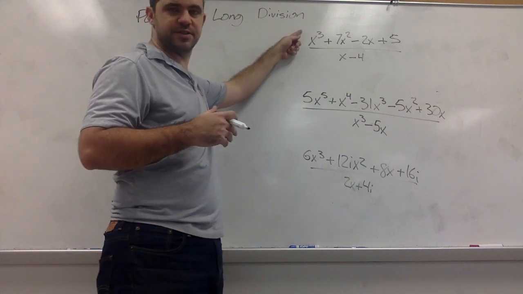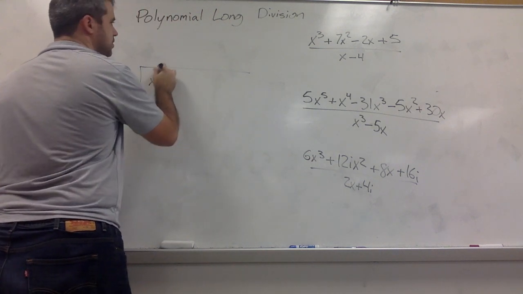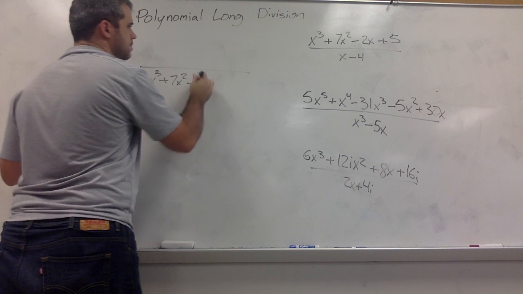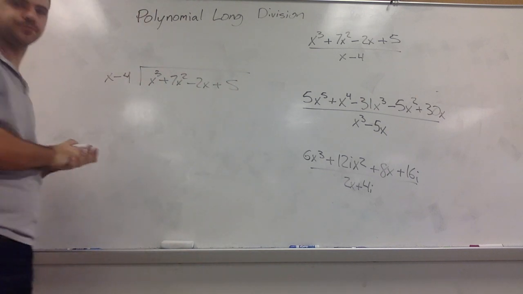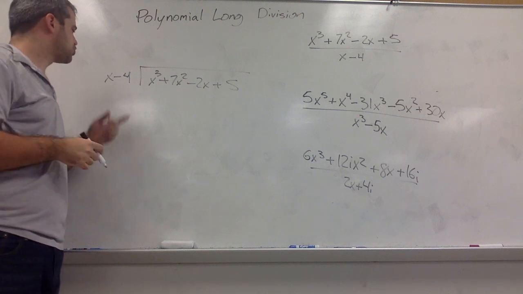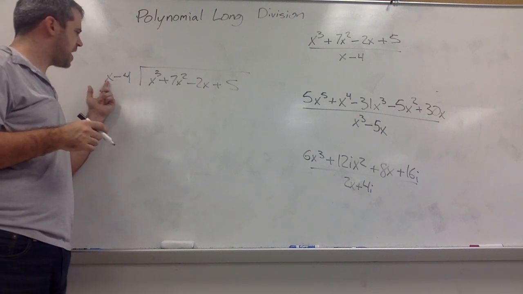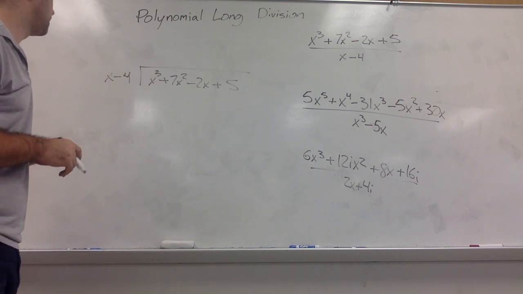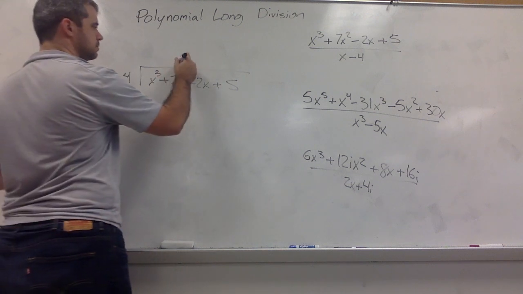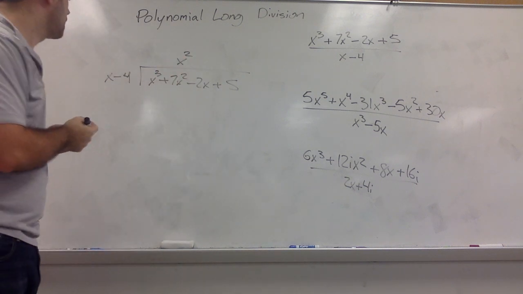So I'm going to attempt this division right here. So x to the third plus 7x squared minus 2x plus 5, divided by x minus 4. Now, I'm trying to see what do I need to multiply x by to get x to the third? Well, I'm going to have to multiply by x squared. You'll notice I put it above the x squared.